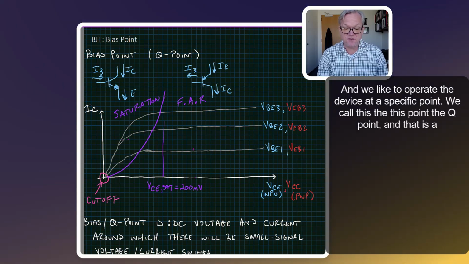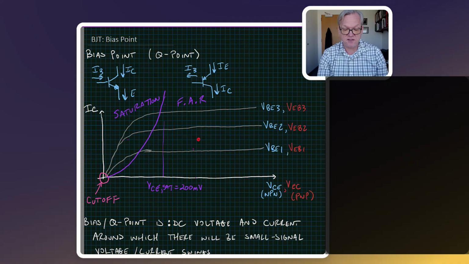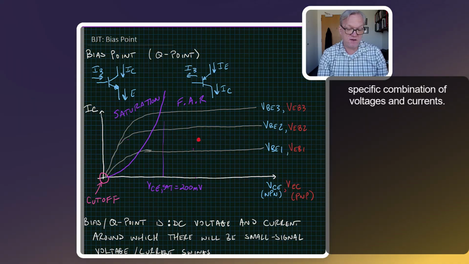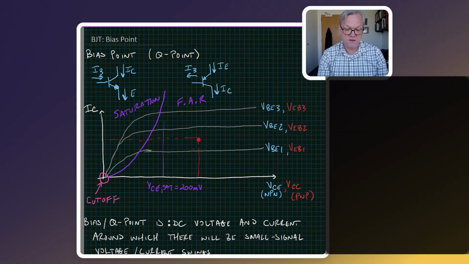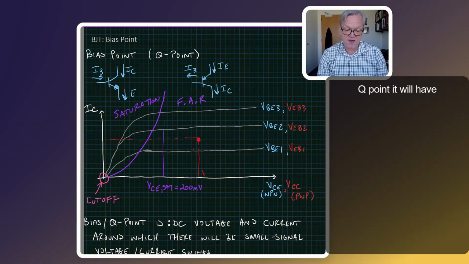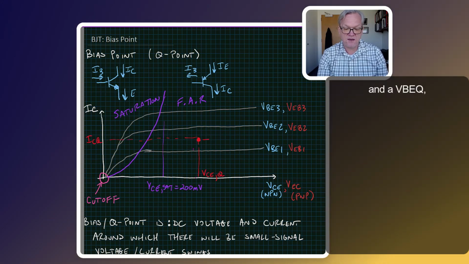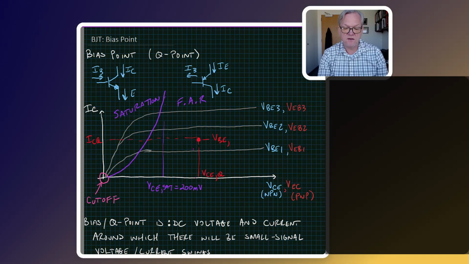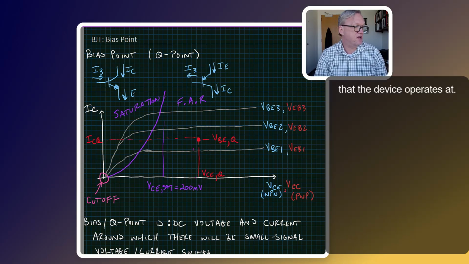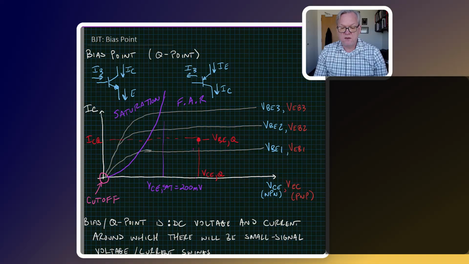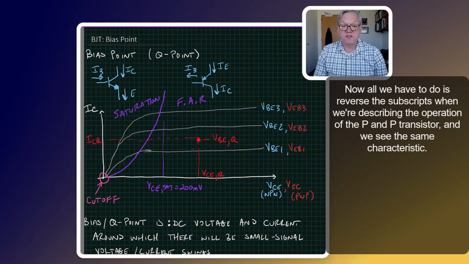We call this point the Q point, and that is a specific combination of voltages and currents. So the Q point will have a VCE Q, an IC Q, and a VBE Q that the device operates at. Now, all we have to do is reverse the subscripts when we're describing the operation of the PNP transistor, and we see the same characteristic.